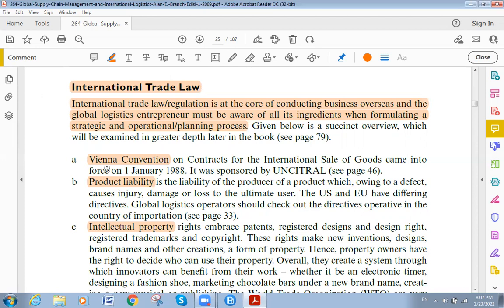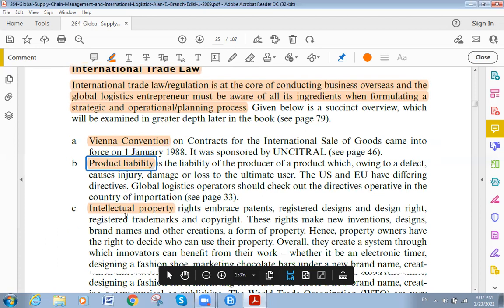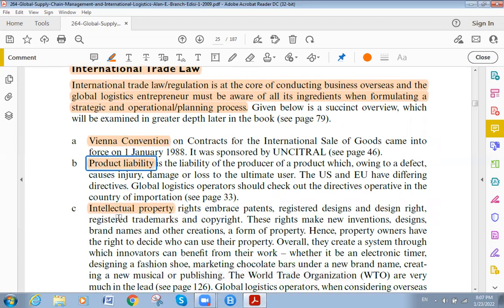So we must at least have an idea about the Vienna Convention, and about product liability, which is the liability of the producer of a product which, owing to a defect, causes injury, damage, or loss to the ultimate user. Okay, so I'm responsible for any problem regarding the product.